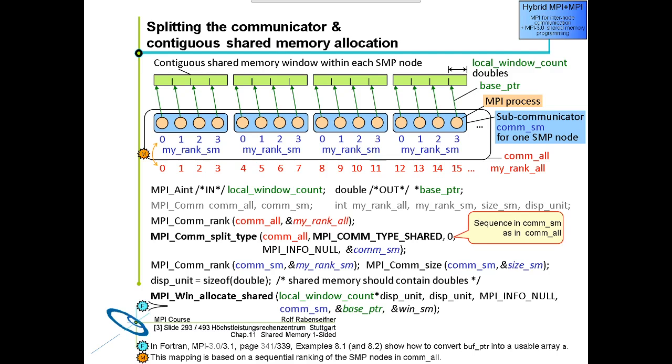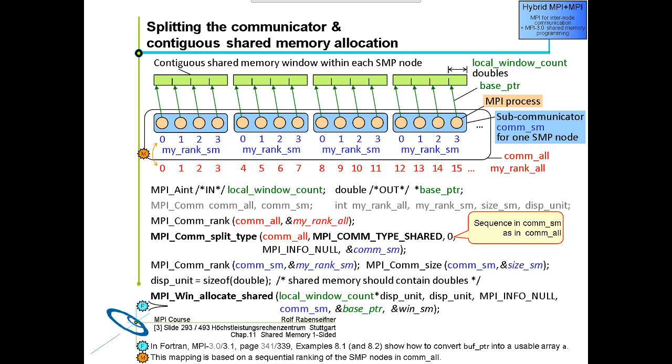This is done with the call that includes MPI_COMM_TYPE_SHARED as the split type, and also a 0 that is convenient to preserve the sequence inside the local communicators that was derived from the main communicator.